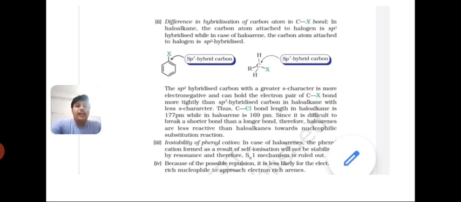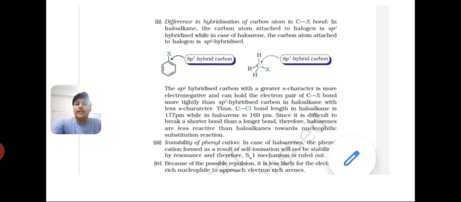Due to the more s character, the carbon is more electronegative and can hold the electron pair of the C-X bond more tightly than sp3 hybridized carbon in haloalkanes with less s character. Thus the C-Cl bond length in haloalkanes is 177 picometer and in haloarenes is 169 picometer. Since it is difficult to break a shorter bond than a longer bond, haloarenes are less reactive than haloalkanes towards nucleophilic substitution reaction.